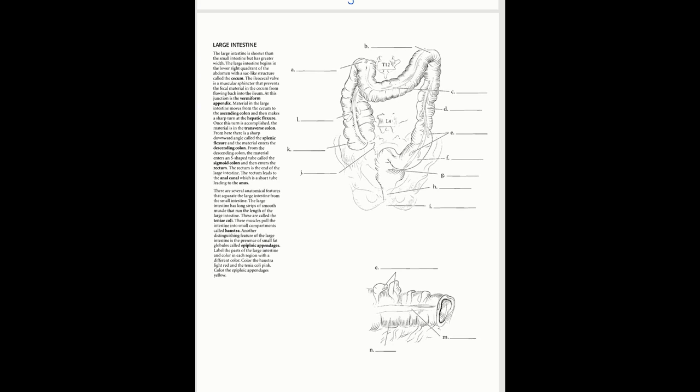In the first stage, once we leave the ileum of the small intestine, we make our way into the cecum. The cecum of the large intestine. And from the cecum, we're going to move up, which is why this is called ascending. We're going to move up in the colon, so the ascending colon.